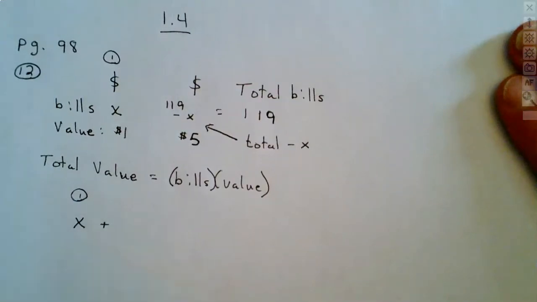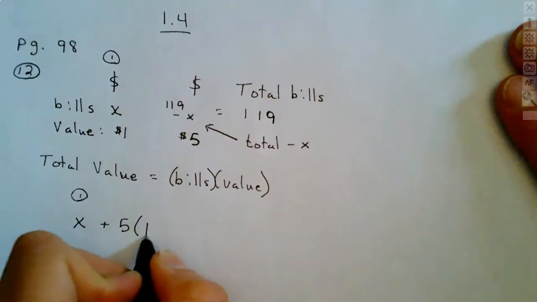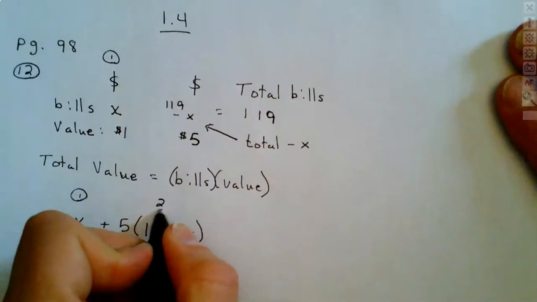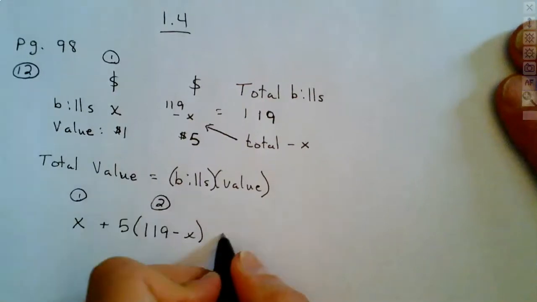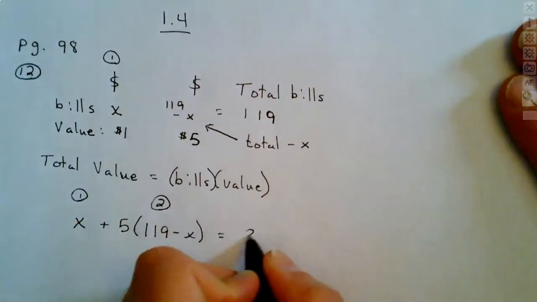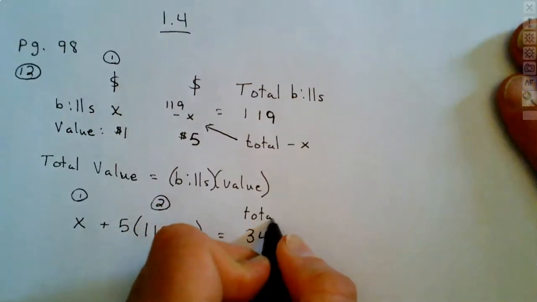Then we've got $5 bills. So we have 5, and we have 119 minus x. And then what's the total value of all the bills put together? Not the number of bills, the total value. Well, that's 347. So that's the total value.